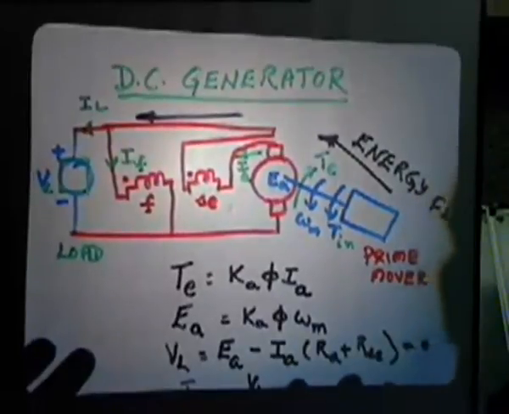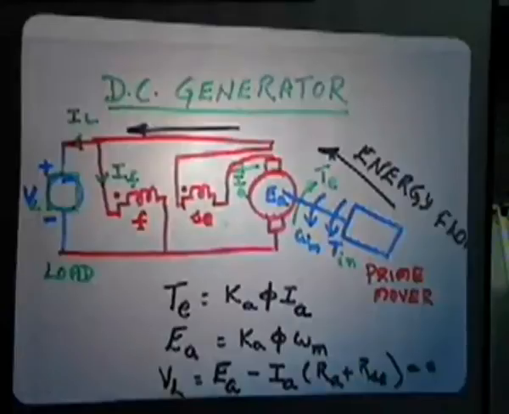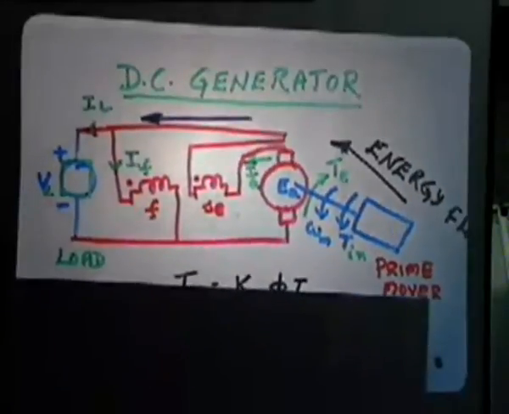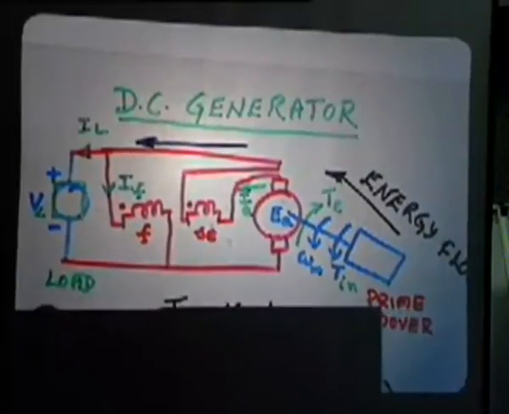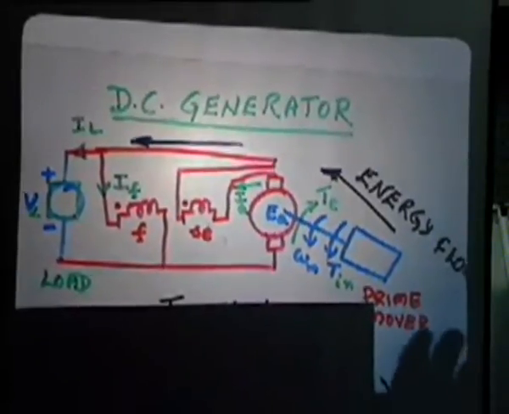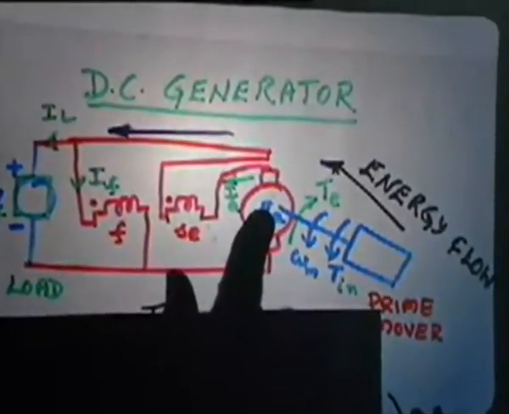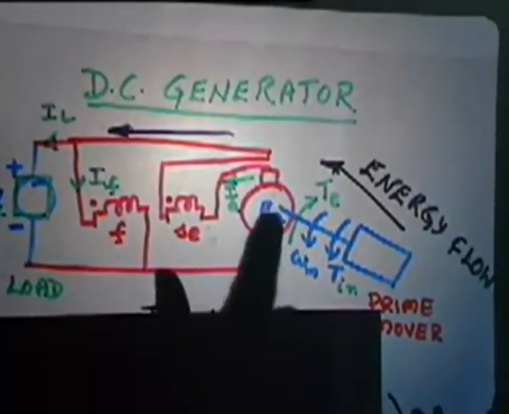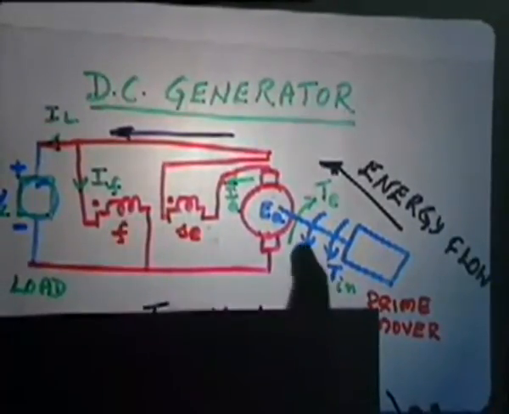This is a schematic diagram of a DC generator. This is a general DC machine, which has both a series winding and a shunt winding.